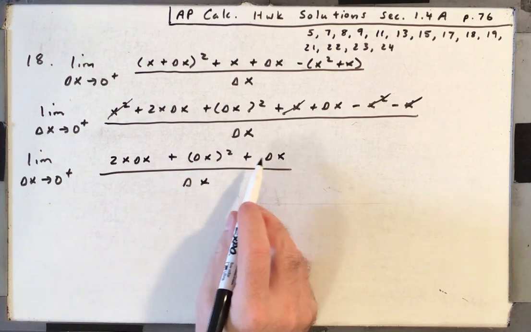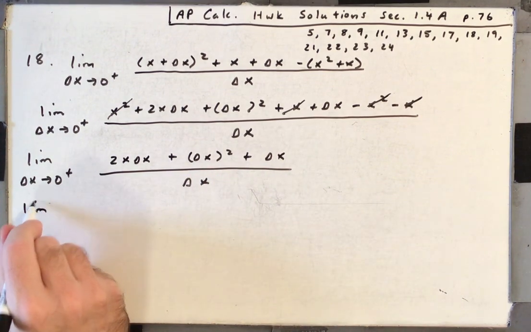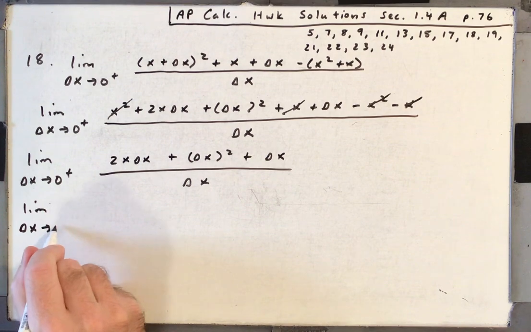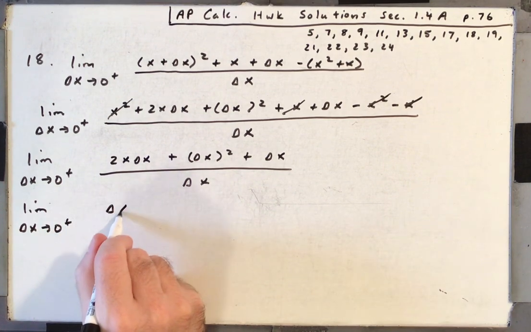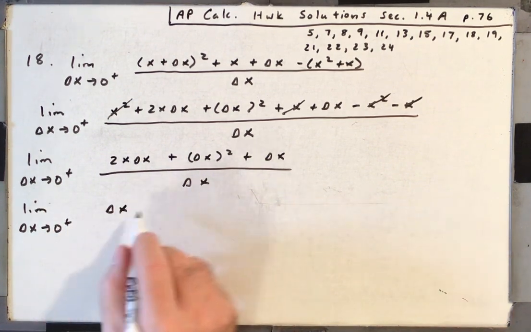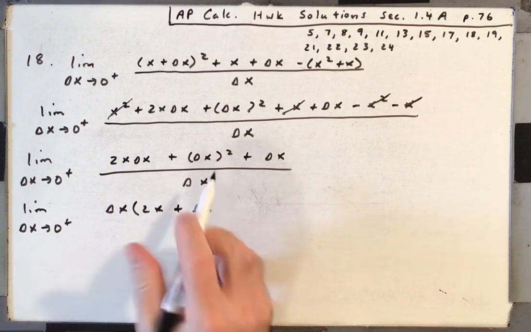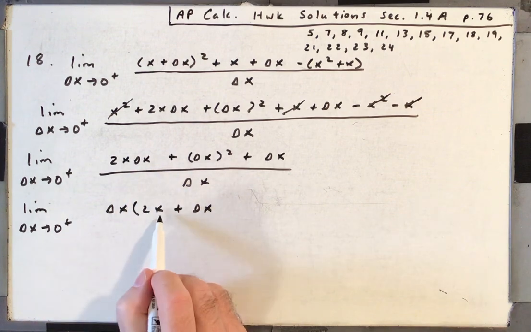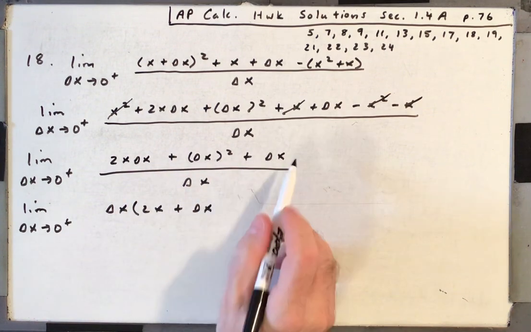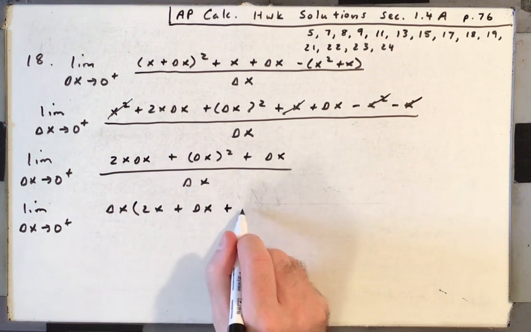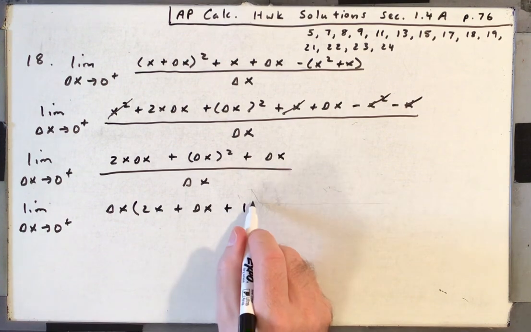Let's factor a delta x out of the top. If we do that, we can cancel it out and get rid of that delta x on the bottom. That's what's causing us the problem. So we factor out a delta x out of this, you're left with 2x, out of this a delta x, and then don't forget the 1. If you factor a delta x out of delta x, you're left with a 1.